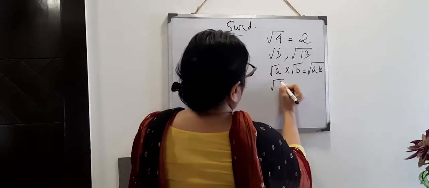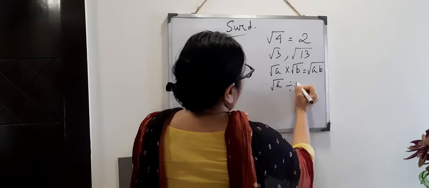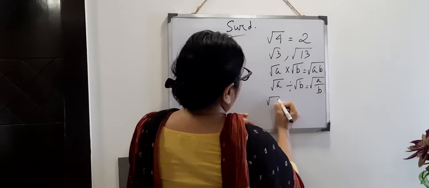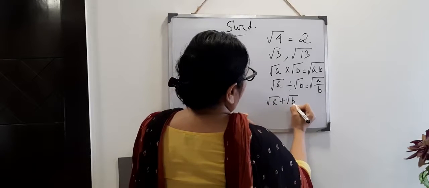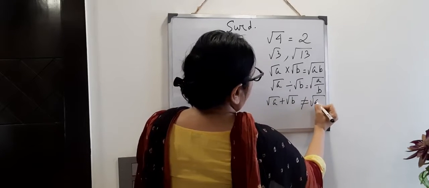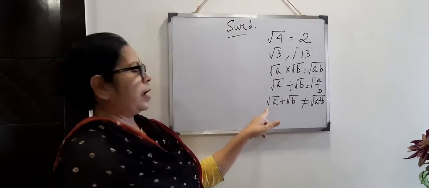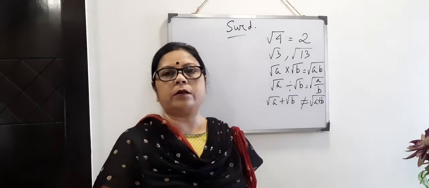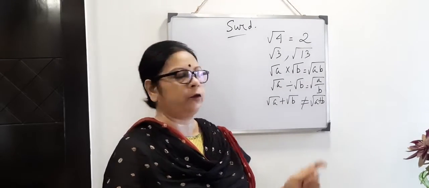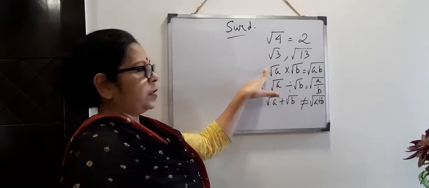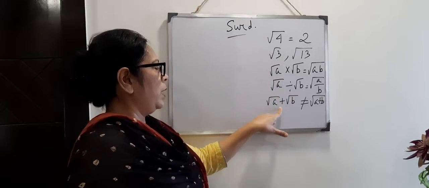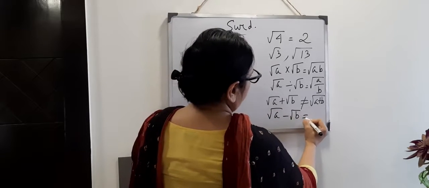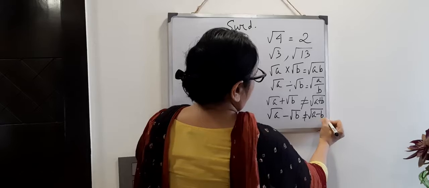Similarly, root A divided by root B can be written as root over A by B. But you can't add them. Root 3 plus root 5 you can't write as root 8. So multiplication is possible, division is possible, addition is not possible, and similarly subtraction is also not possible. Keep this in mind.